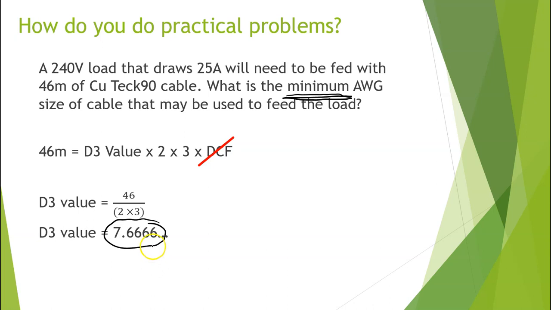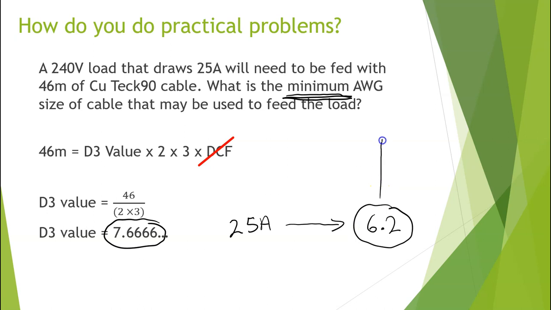And so when we go into table D3 and go across at 25 amps, looking for a number that is equal to or less than the 7.666 number that we've just calculated, what we would actually find is a number of 6.2 in the table.